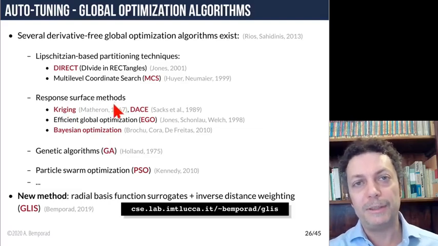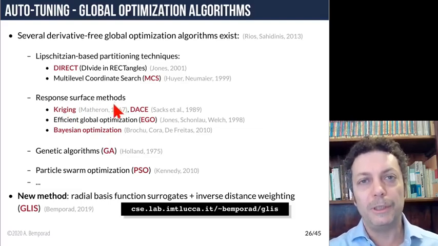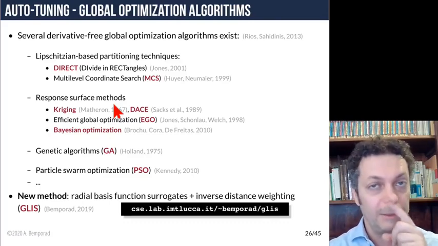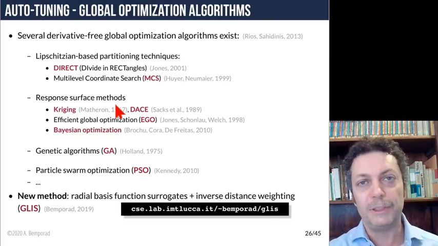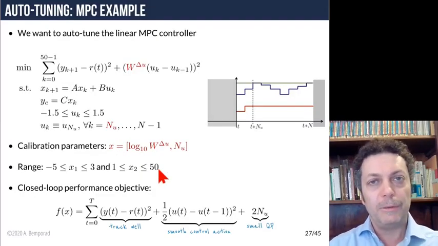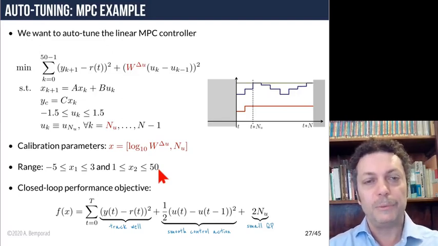The idea is to fit a function to your function samples that you get at every run of an experiment or of a simulation, and then use this surrogate function to drive the search for a new set of calibration parameters to test. Let me show you some examples of how this works.